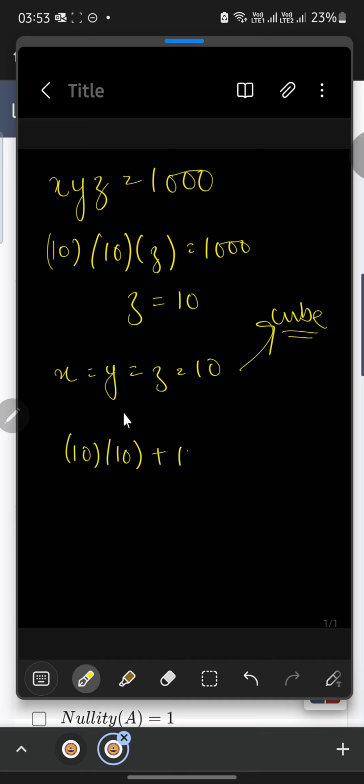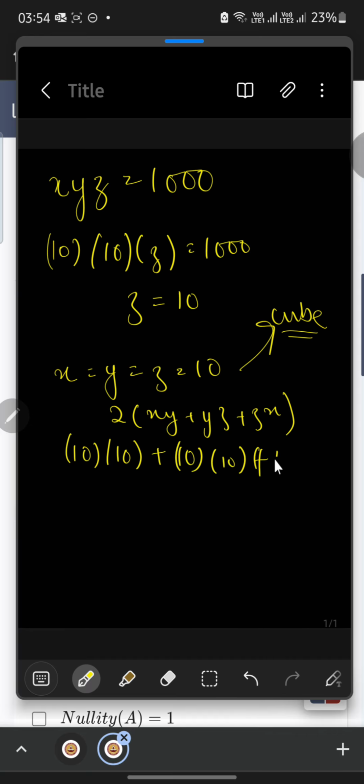I am just using this surface area formula, which was 2 into (xy plus yz plus zx), 10 into 10 plus 10 into 10 plus 10 into 10, whole twice. So this would be 2 into 300, which would be 600.